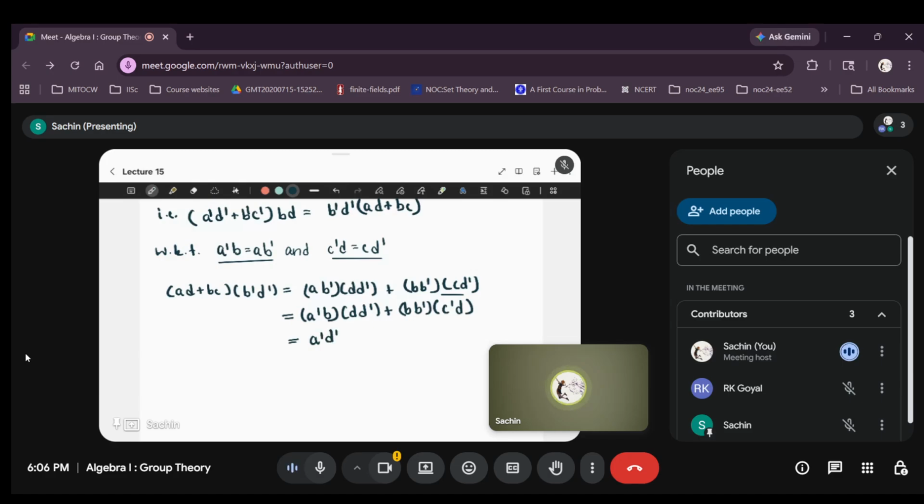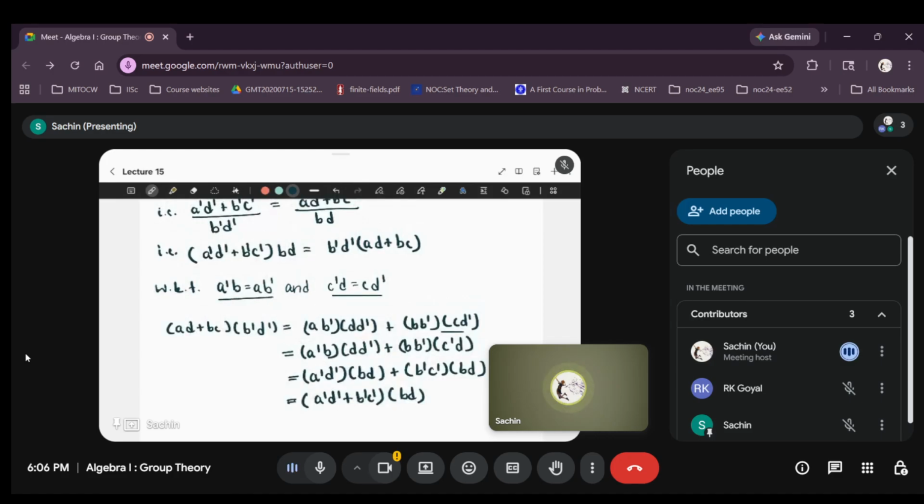I'll write A prime D prime into BD, and here I will write B prime C prime into BD. This is nothing but A prime D prime plus B prime C prime into BD, which is our LHS. So we have shown this.